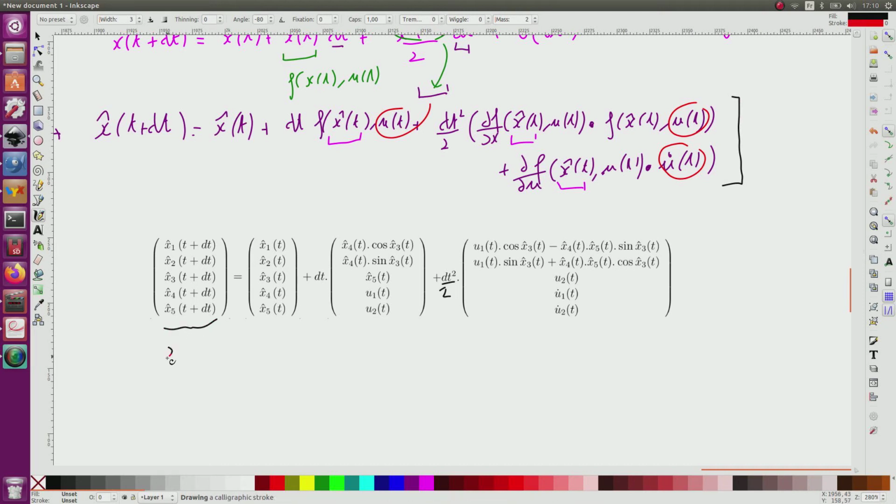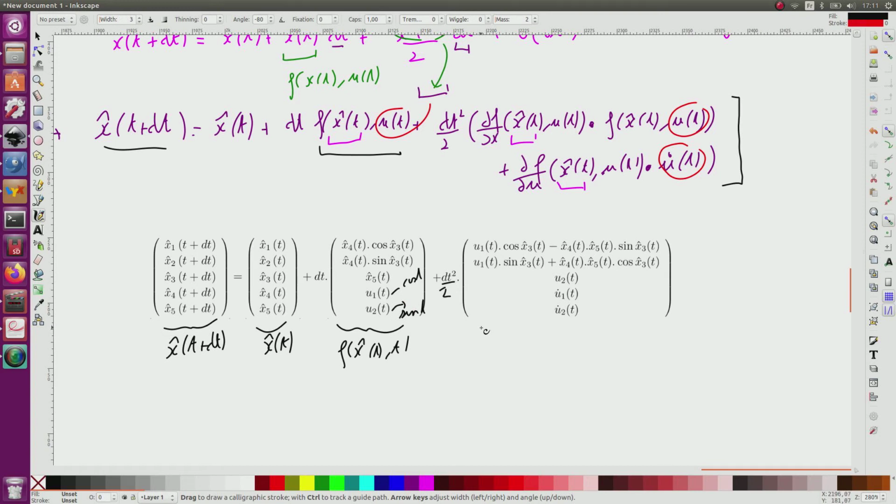I have here x hat at time t plus dt, this one. Here x hat of t, here f of x hat of t, which depends also on t, because this one is known to be equal to cos of t, and this one to sine of t.